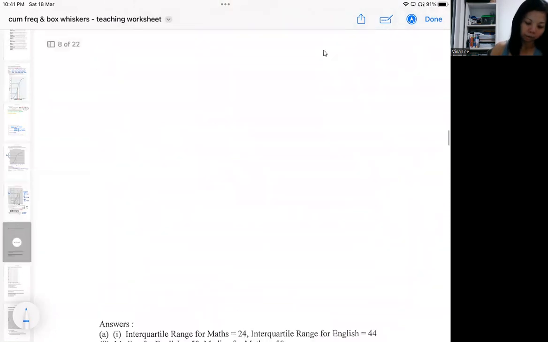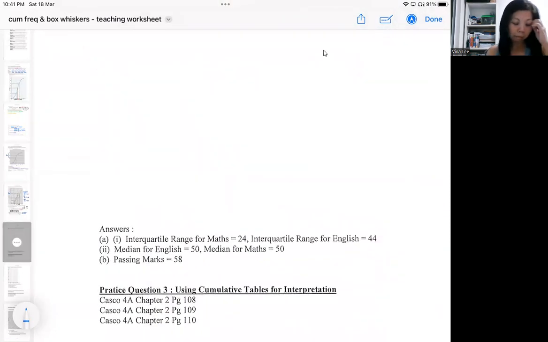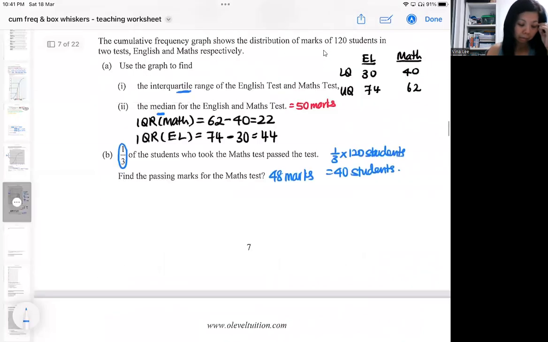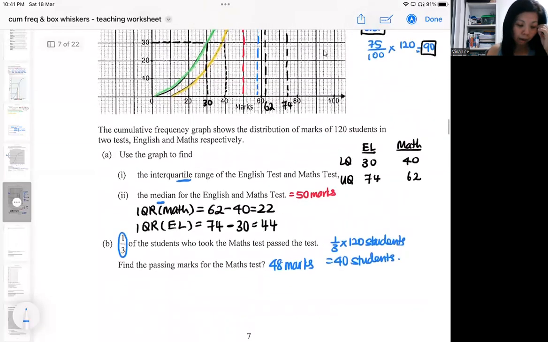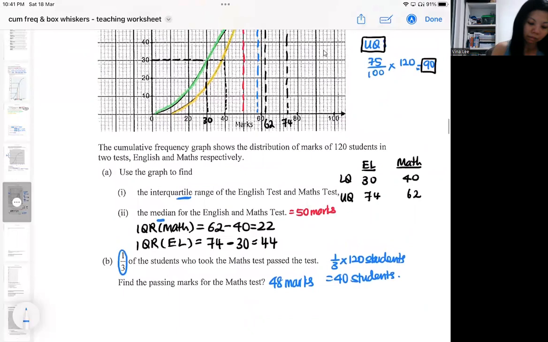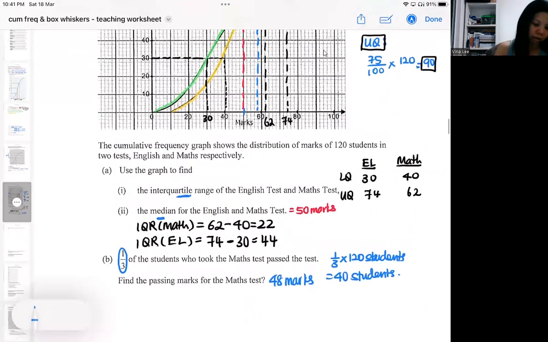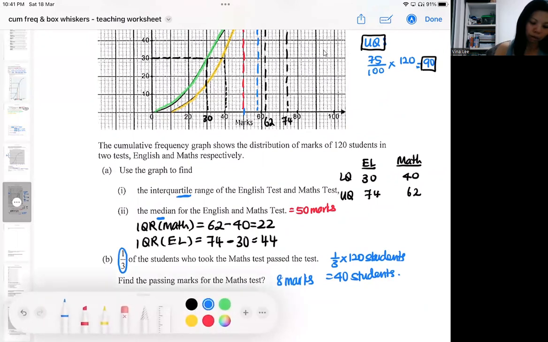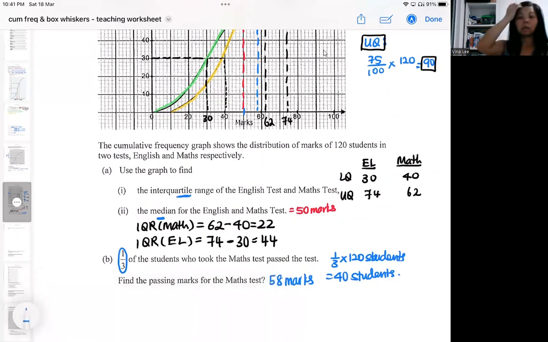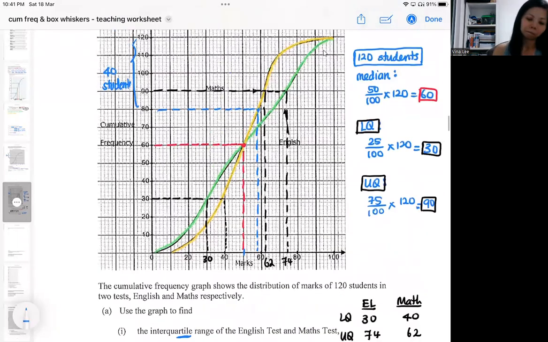Okay, so is it 48? 58. Oh yeah, I read wrongly, it's 58. This part here is 50, so I read wrongly, it should be 58 marks. The passing mark will come from the top 40 students, so you have to interpret correctly.